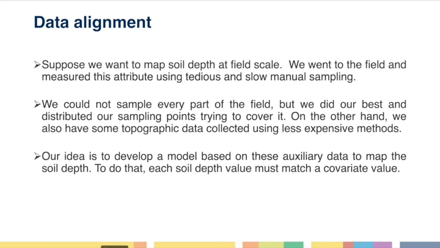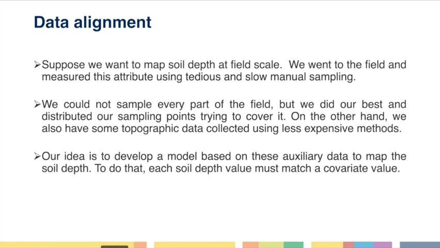So let's suppose we want to map the soil depth at the field. So we go to the field and we measure this attribute by using manual measurement systems that are very tedious and slow. And we cannot sample every part of the field this way. So we did our best effort and we got our sampling points trying to cover all the zones of the plot.